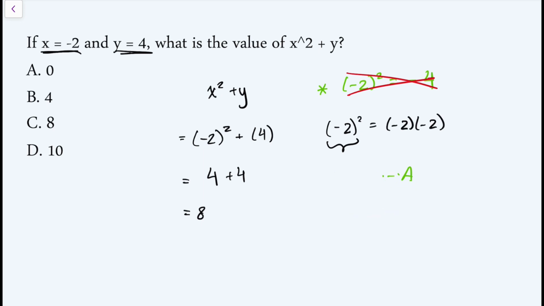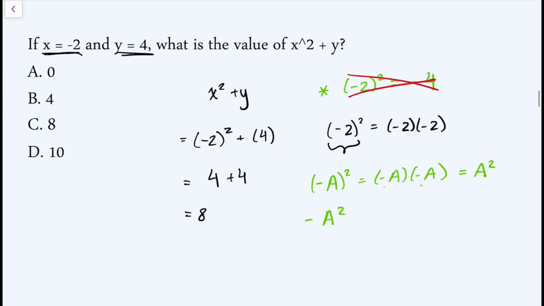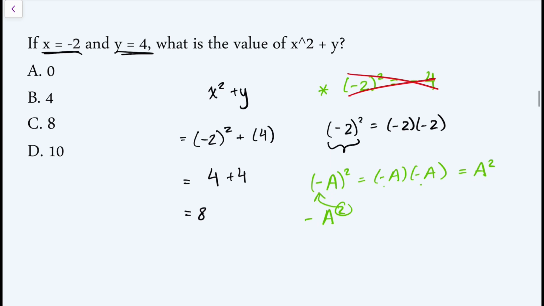So we have these two cases here. Negative a squared, with a being some sort of random number, is negative a times negative a. And two negatives being multiplied make a positive, so a squared. And then if we didn't have these brackets and we simply had negative a squared, like that, the power of 2 does not also apply to the negative.